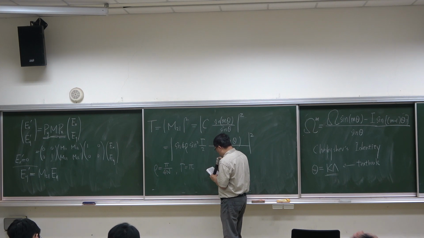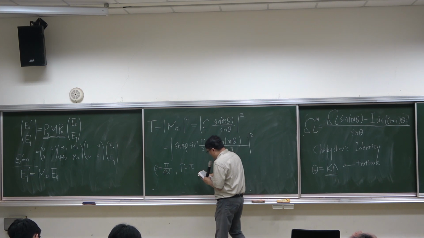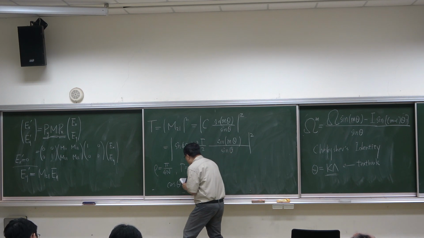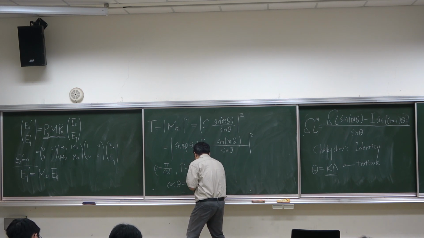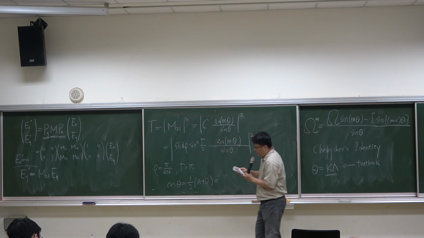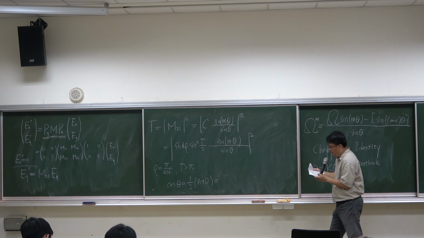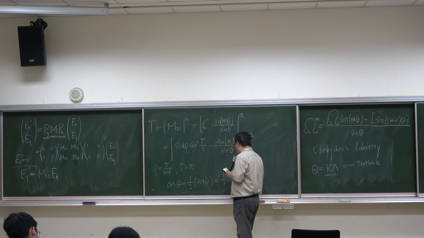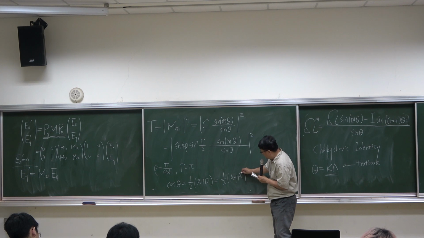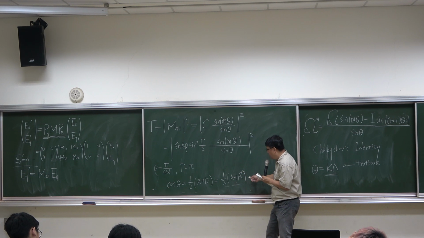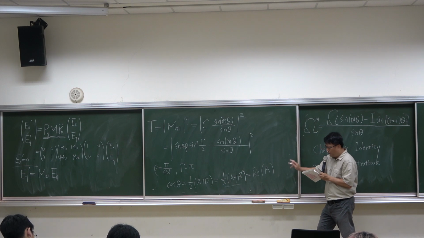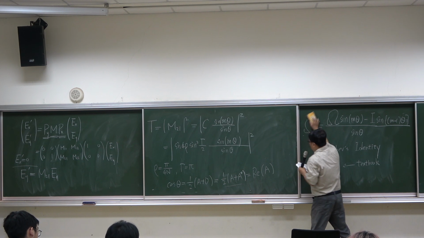We see that first we want to know cosine theta, which now is given by 1/2 A plus D. You can check the form of A and D. You see that since D is A star, this is in fact the real part of A. So you find the real part of A to find the cosine theta.